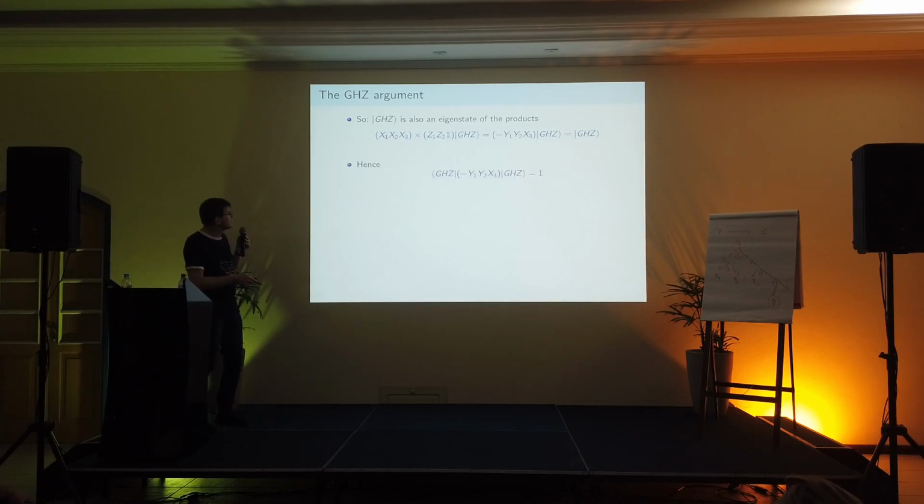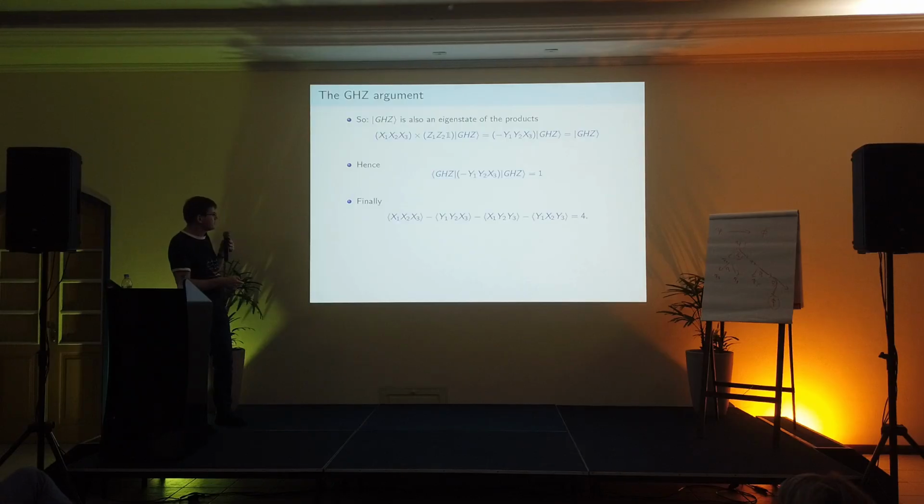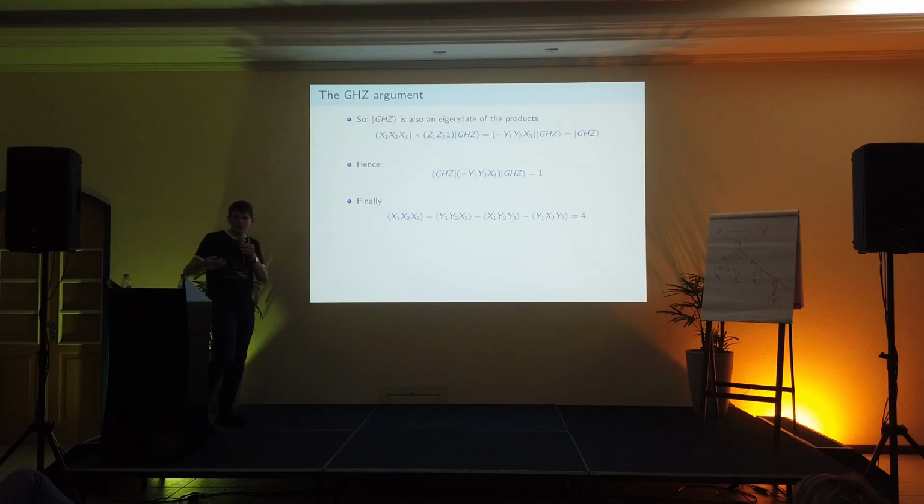So this means that if you take the GHZ state, the expectation of this with a minus sign is plus 1. And now you insert it here. You can see this is plus 1, this with a minus sign is a plus 1, this is a plus 1, this is a plus 1, so it's 4. So obviously the GHZ state violates the inequality, this Mermin inequality that I showed you before.